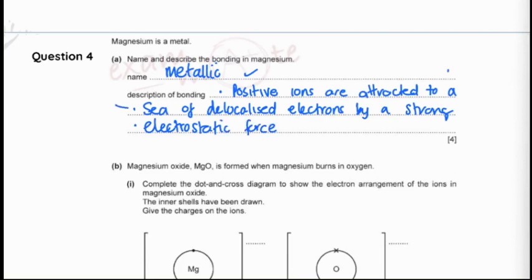You may want to put that these are negatively charged, but you're getting a mark for saying positive ions, sea of delocalized electrons, and a strong electrostatic force, or the attraction of a strong electrostatic force.